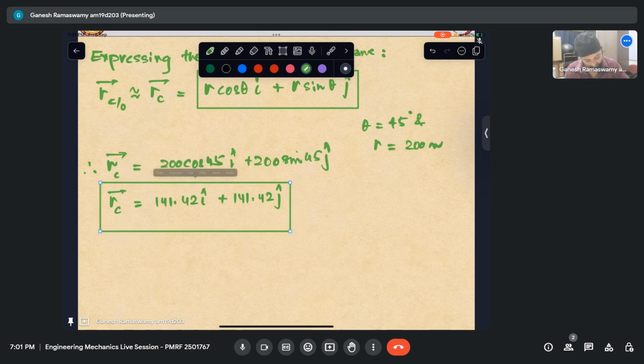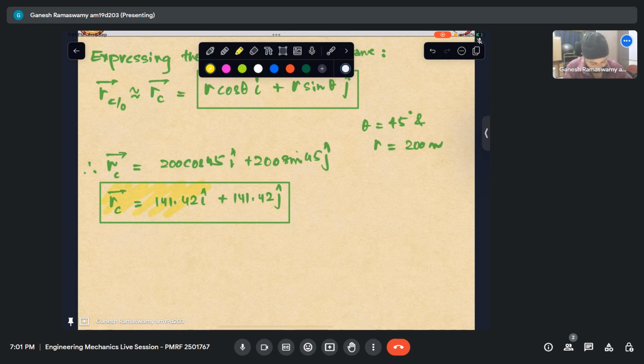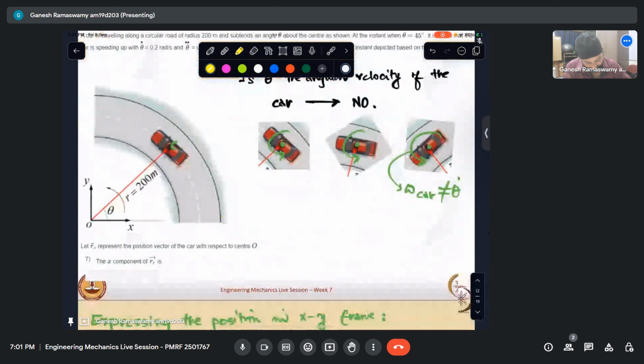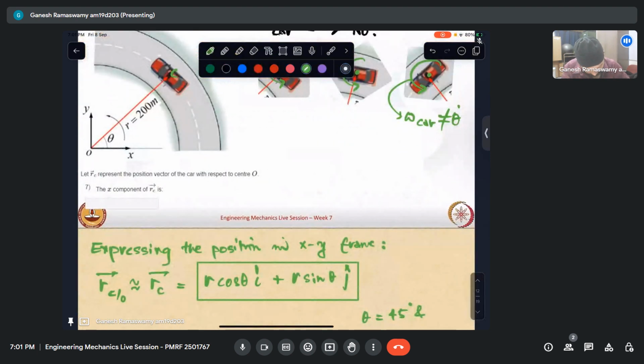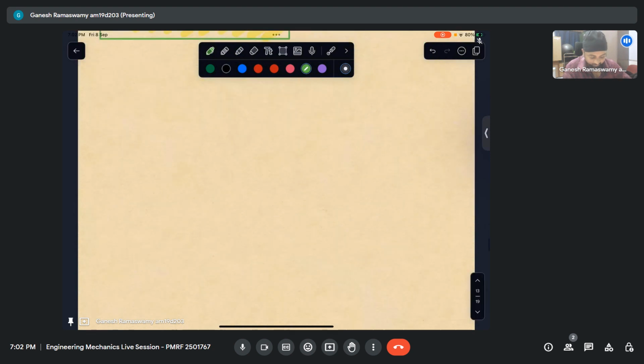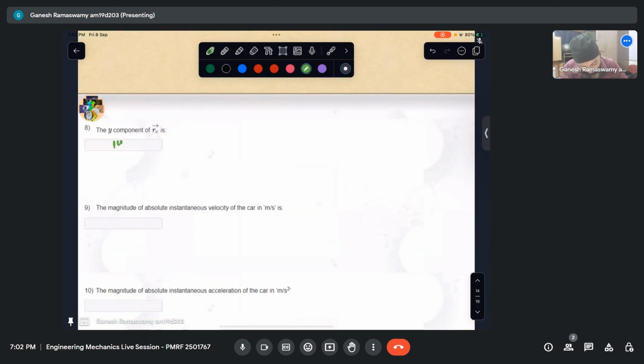So this is what we get here. So this is 141.42 X component, and then the Y component also comes out to be 141.42.